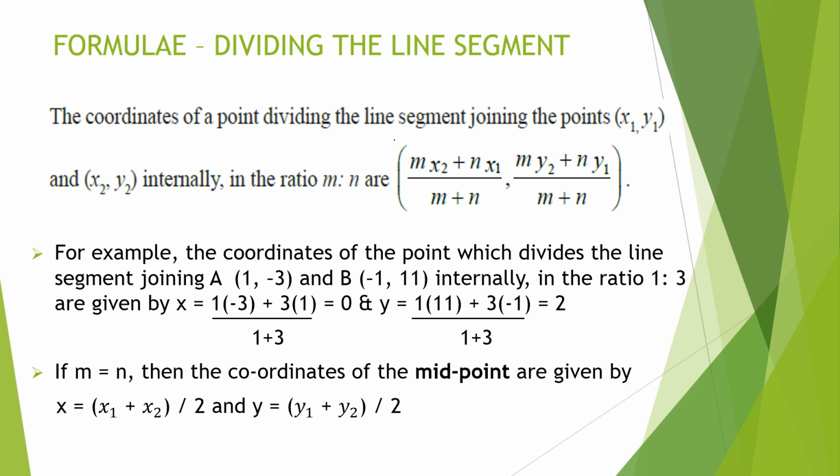For example, the coordinates of the point which divides the line segment joining A 1, minus 3 and B minus 1, 11 internally in the ratio 1:3: here m is 1, n is 3, and the points x1 is 1, y1 is minus 3, x2 is minus 1, y2 is 11. Putting the values in the above formula, we get the coordinates as 0 and 2. That means the point 0, 2 divides the line segment AB in the ratio 1:3.